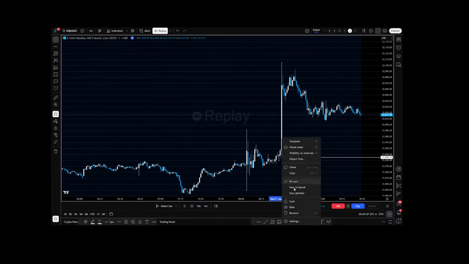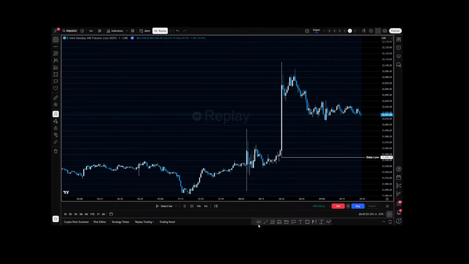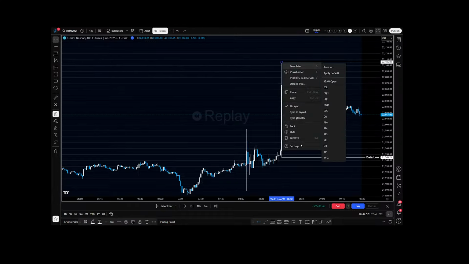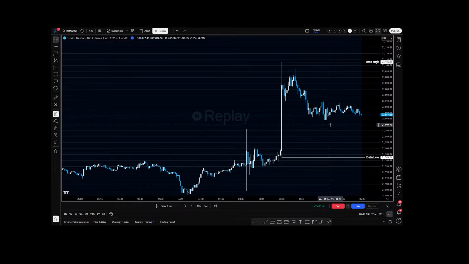We have data low here, and always mark out data lows and highs. Those are significant influxes of volatility, and this kind of defines the range we're set to. So these lows and highs kind of act as their own draw, right? All right, so data low, data high there.